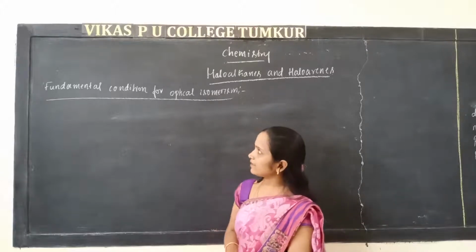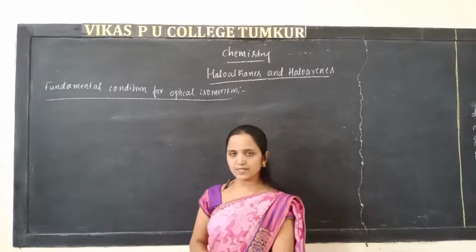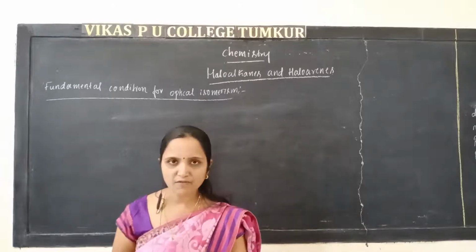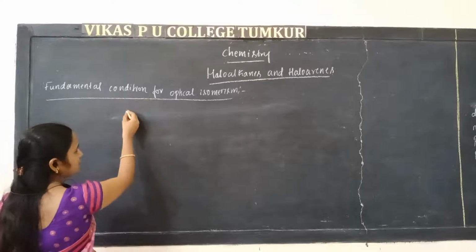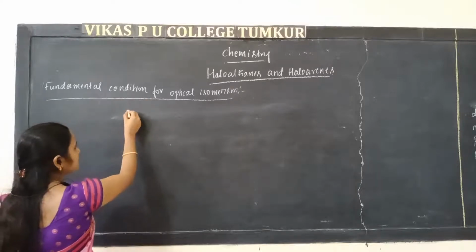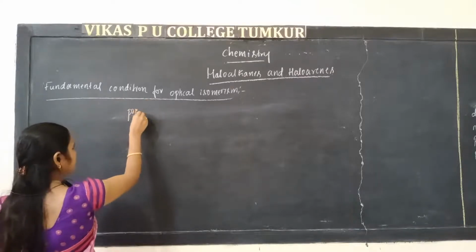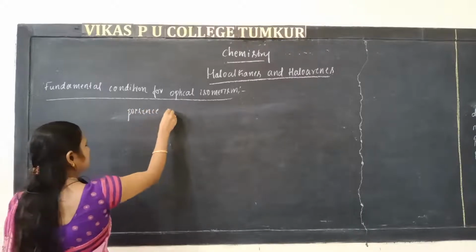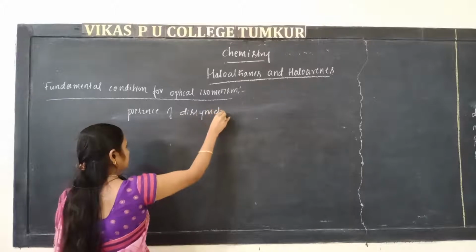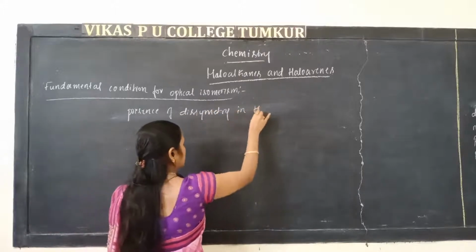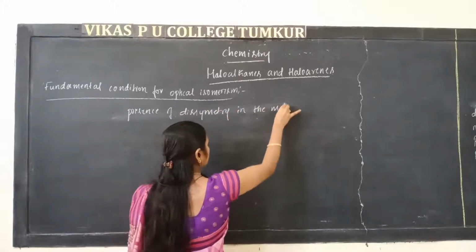Now, the fundamental condition for optical isomerism is the presence of disymmetry in the molecule.